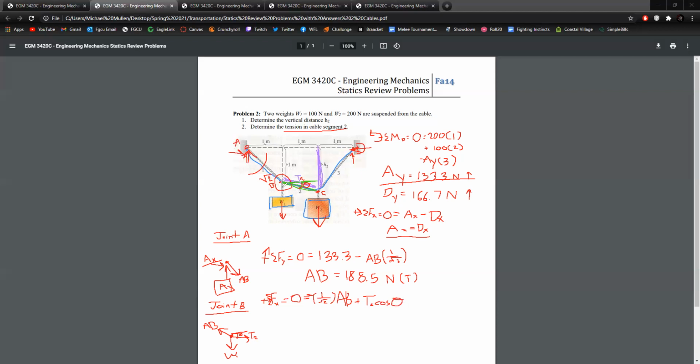T2 cosine theta is going to give us the x component of the diagonal, since cosine is the adjacent side of the triangle; from our angle, the x component is the adjacent side. And that's it for the sum of the forces in the x direction. So we have minus 1 over square root 2 AB, which is known here, plus T2 cosine theta. We're also going to have the y direction.